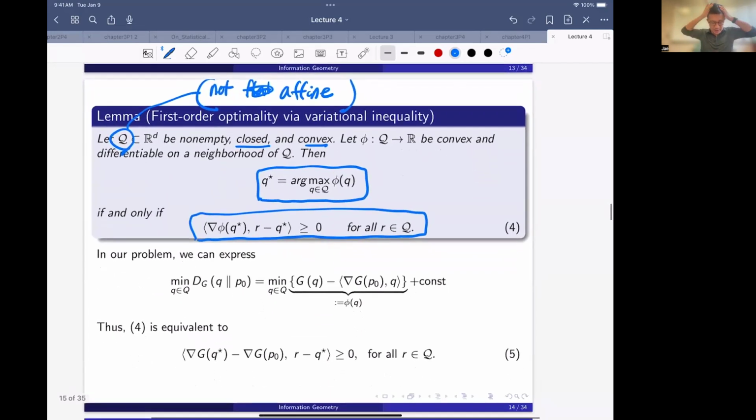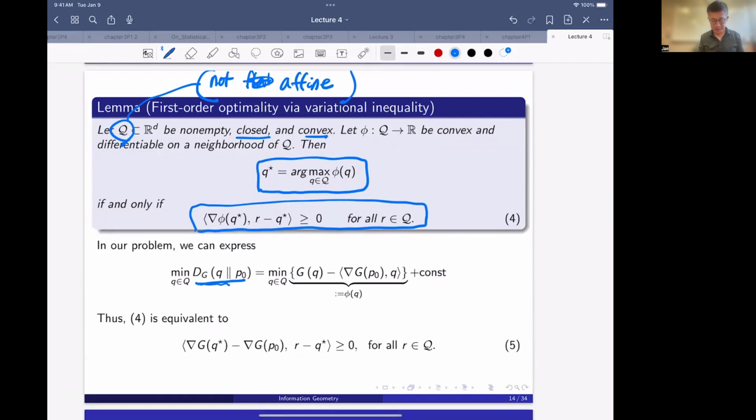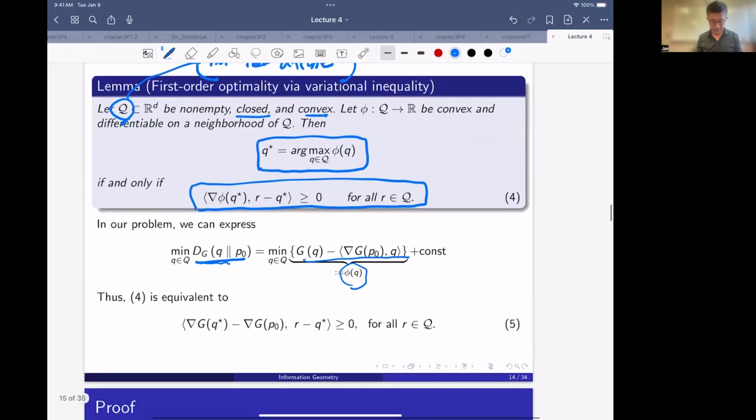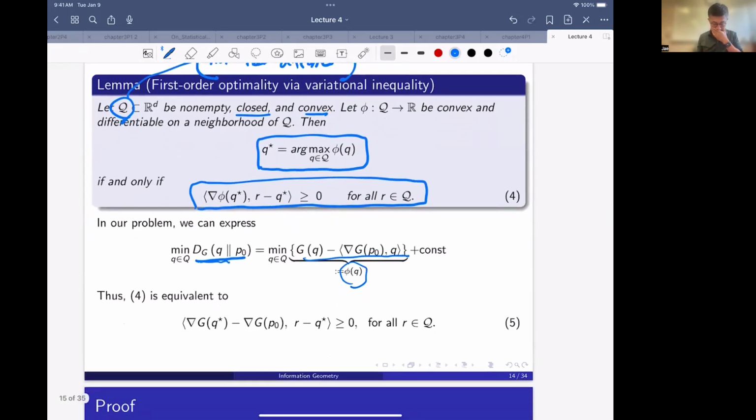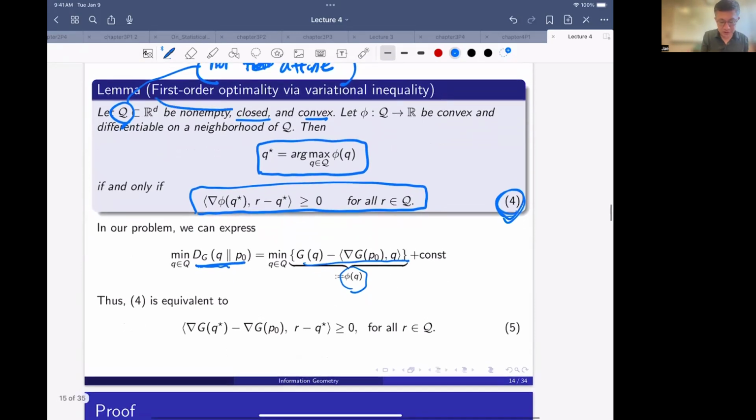Why this matters? Basically, if you use the same argument, the Bregman divergence can be written as this one. You can express it as a function of phi of q, and this condition will be called the first order optimality condition.